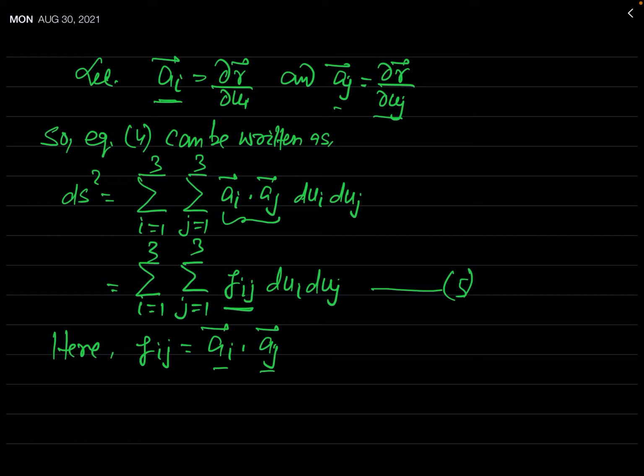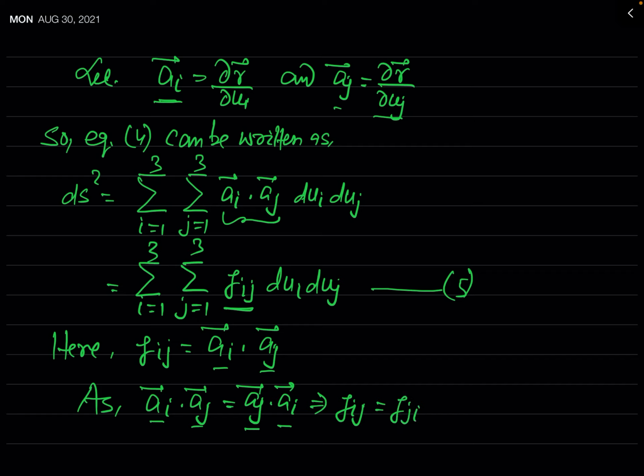Now you know from the property of a scalar product of two vectors that it is commutative. So ai dot aj is equal to aj dot ai. This implies that when you write ai dot aj, that will be gij, and aj dot ai can be written as gji.